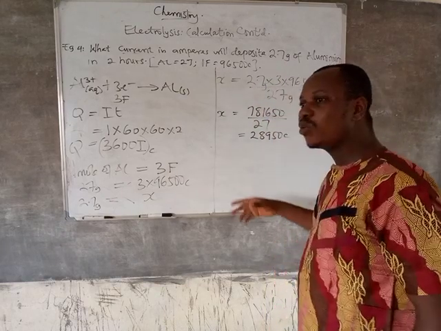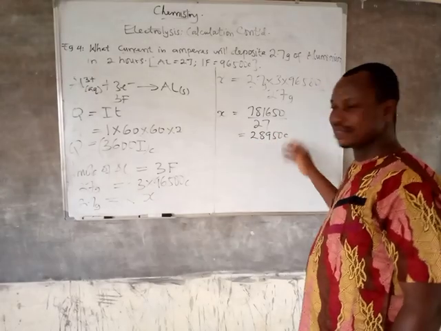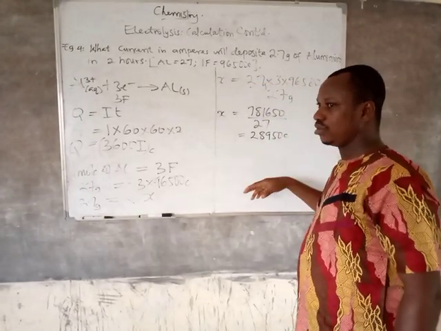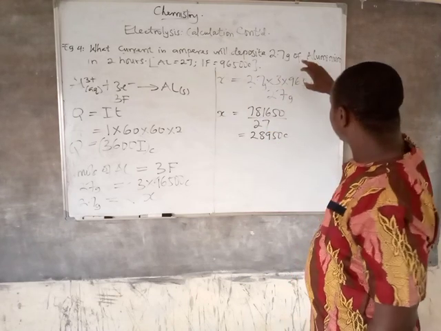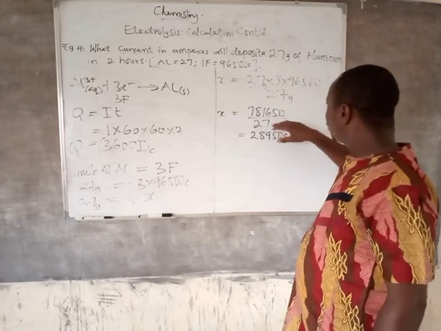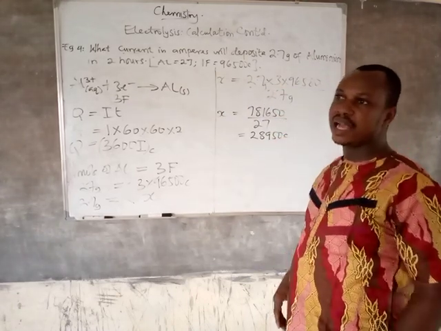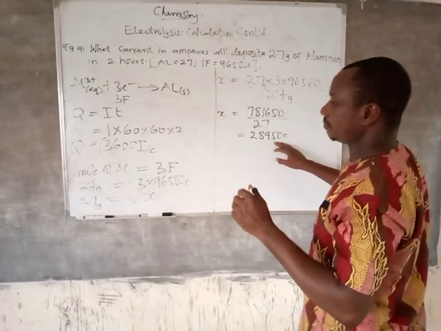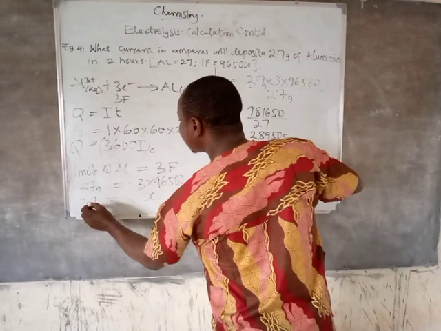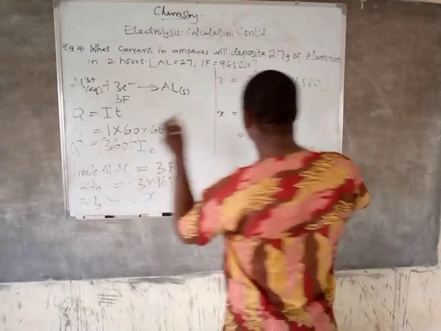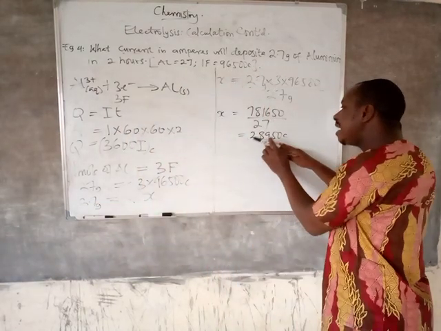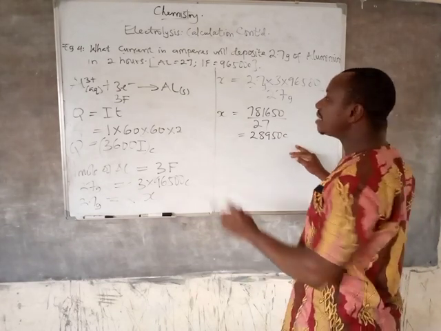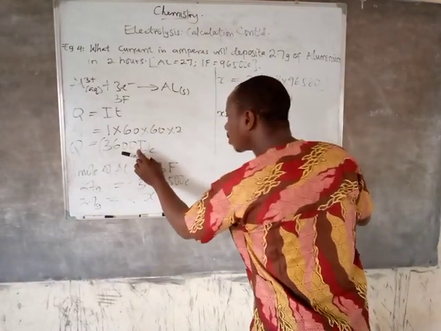I always like doing this step by step. I don't want to get the whole answer at once, so that we know what we are doing. I get the numerator, get the denominator, then make my proper division. So this gives us 28950 coulombs. Don't forget that 2.7 grams of aluminium is deposited by 28950 C. Remember we are required to find the current.